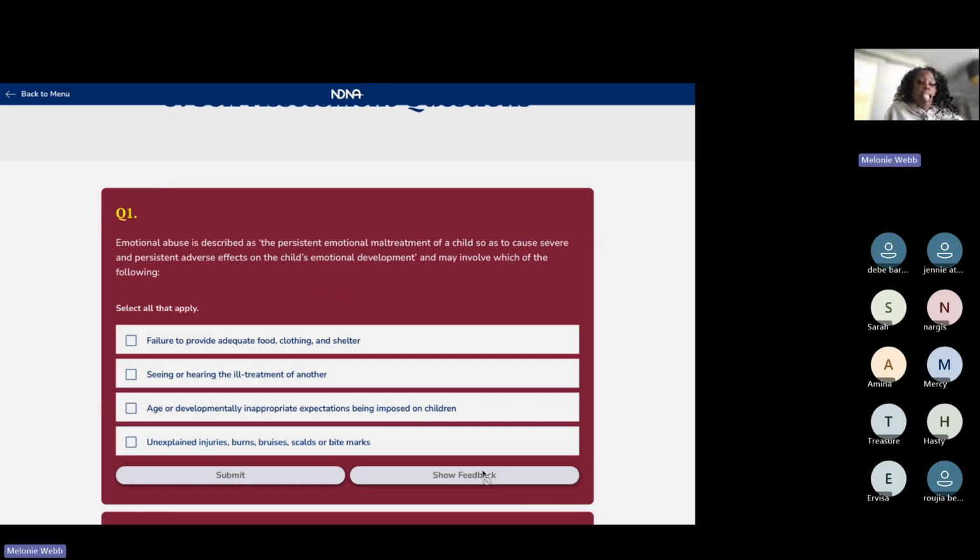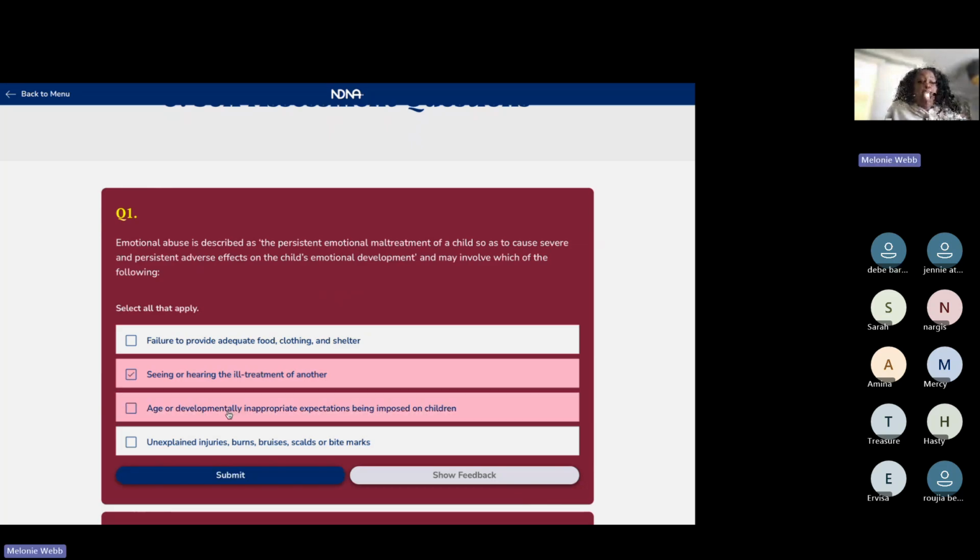Does emotional abuse include failure to provide adequate food and clothing and shelter? I know we spoke about how emotional abuse is intertwined into all of them. That's neglect, actually. Exactly. That's what I was getting at. Seeing or hearing the ill treatment of another. Yes.